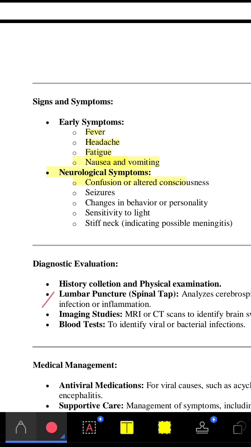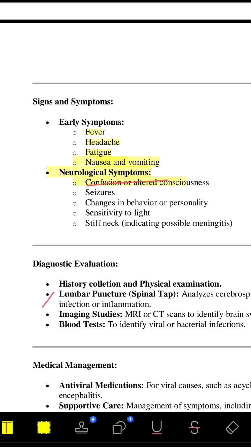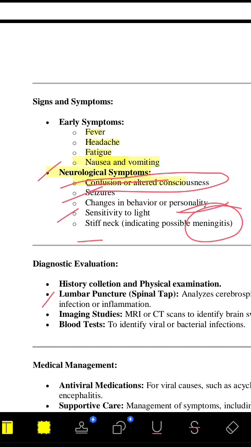And next are neurological symptoms: confusion, seizures, change in behavior or personality, sensitivity to light, and stiff neck, indicating possible meningitis. So these are the signs and symptoms of encephalitis.